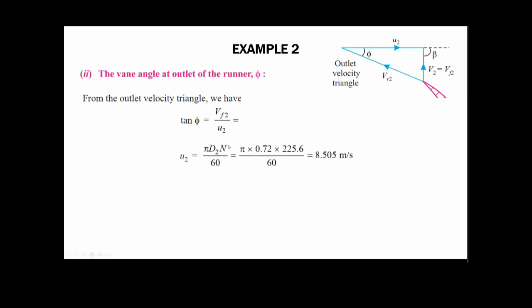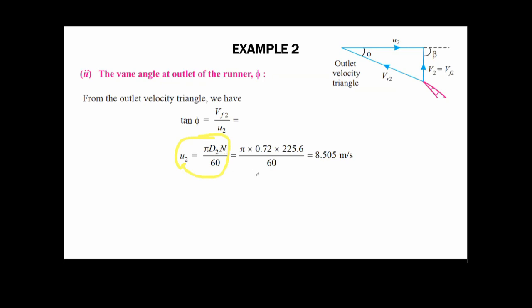Then we don't have the information of U2. We already have VF equal to 3 meter per second, but we don't have U2. So we calculate U2 using this expression. In this expression, the diameter is given, and N we calculated before this in question 1.